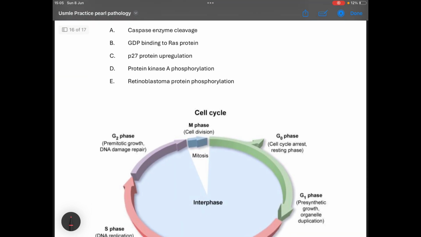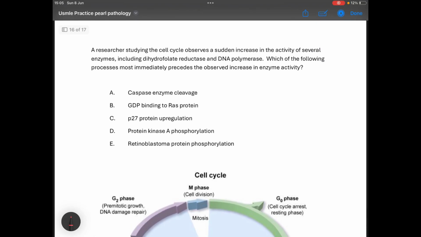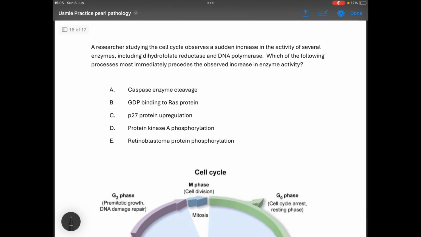Here is the next question, on the screen. Researchers studying the cell cycle observe a sudden increase in activity of several enzymes, including dihydrofolate reductase and DNA polymerase.